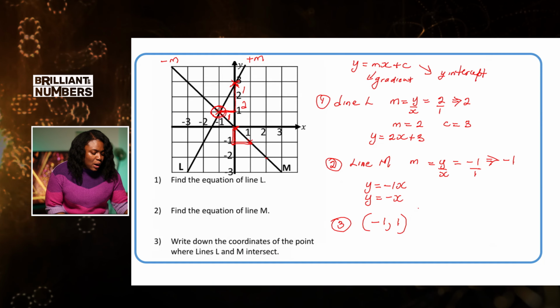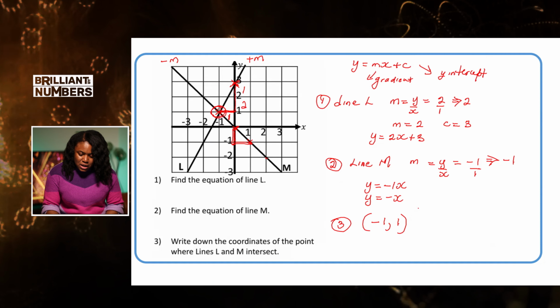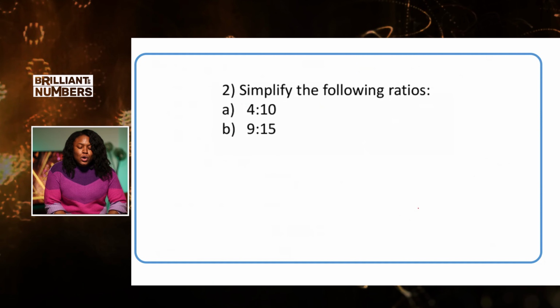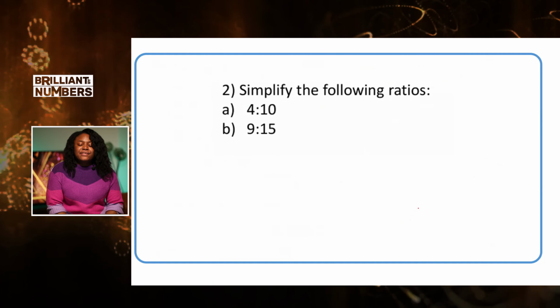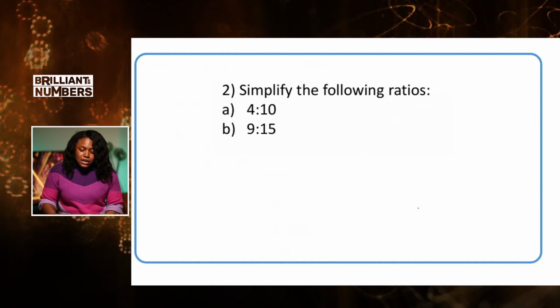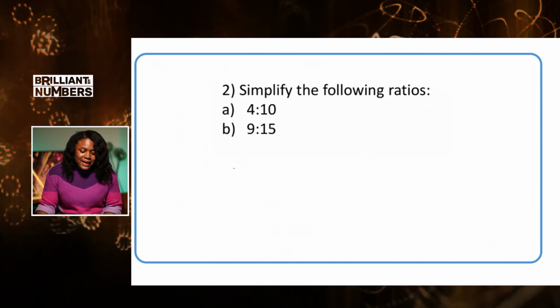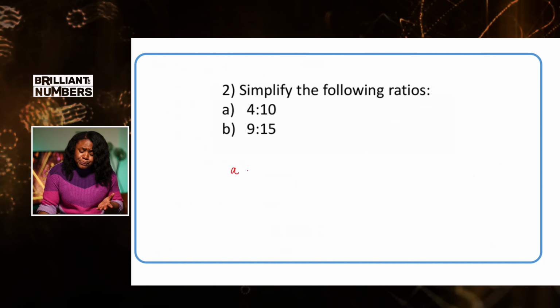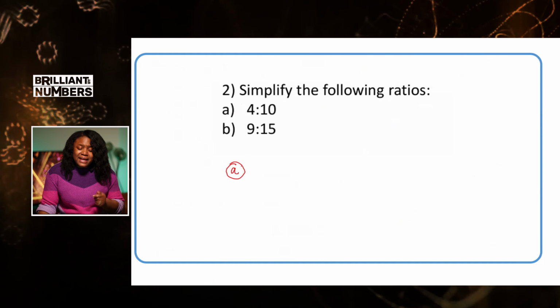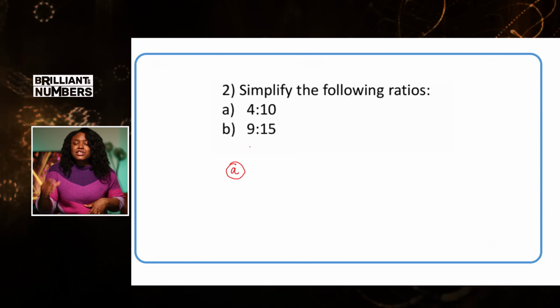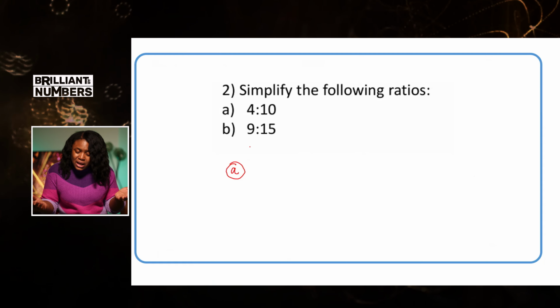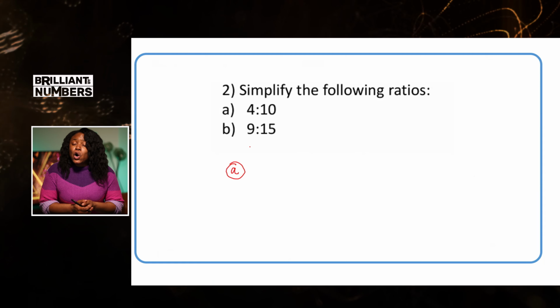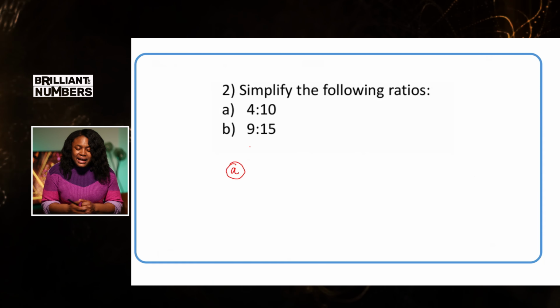Beautiful. Now we're going to move on to our next question, which asks us to simplify the following ratios. So we know when we're simplifying ratios, we need to find common factors. Now, if you're not able to find the highest common factor, you can start with the factor that you know and then keep simplifying until you cannot simplify any further.